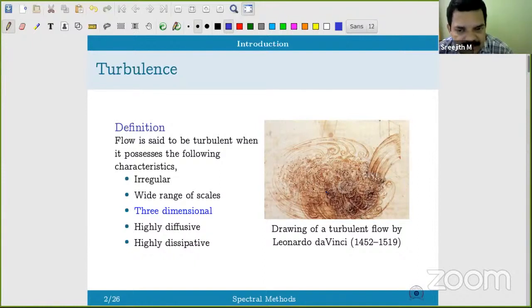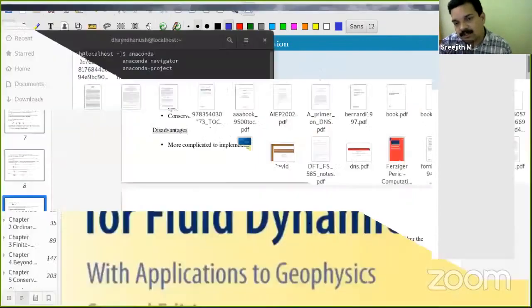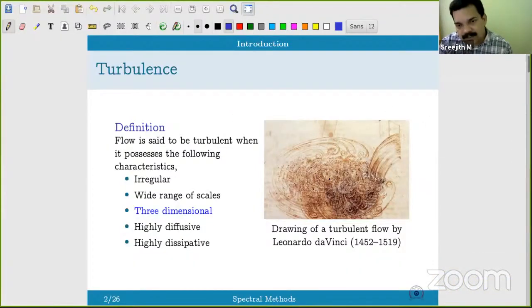You can see a picture here, a drawing of Leonardo da Vinci, where you can see a lot of vortices of different sizes.